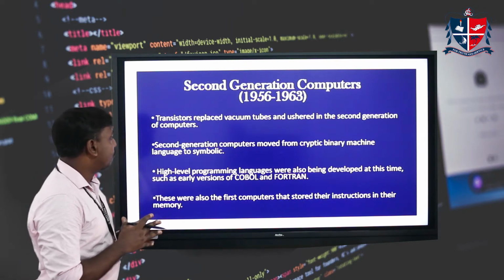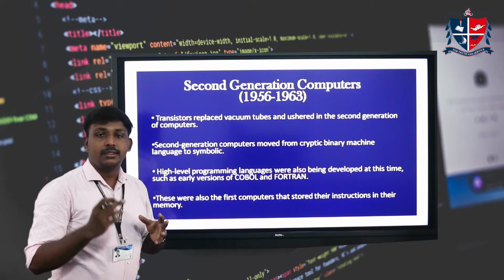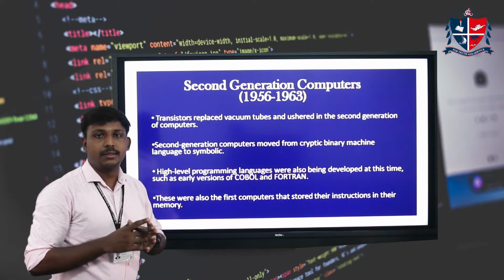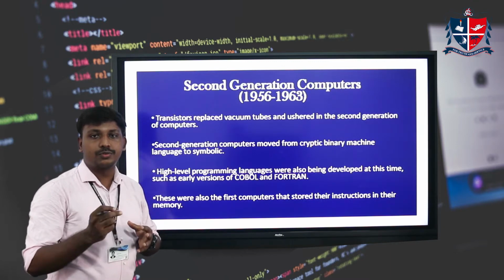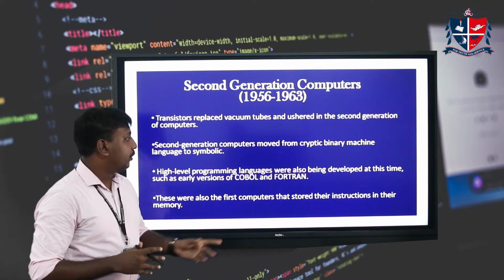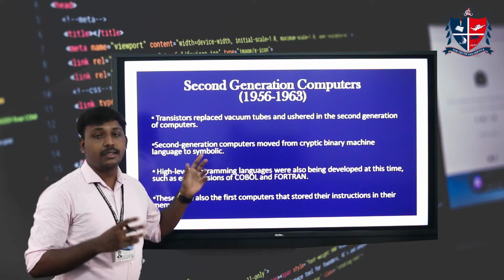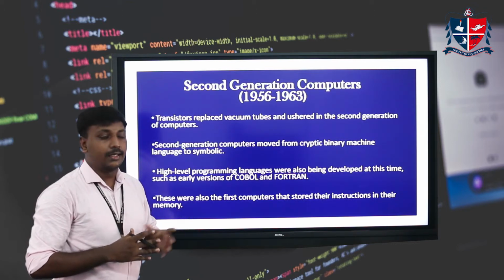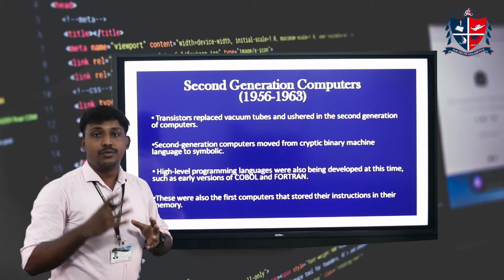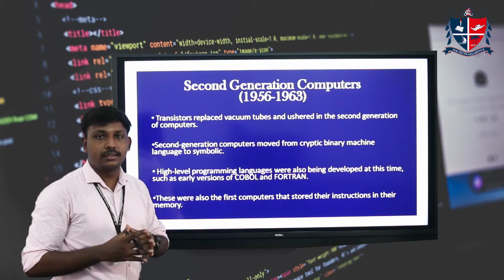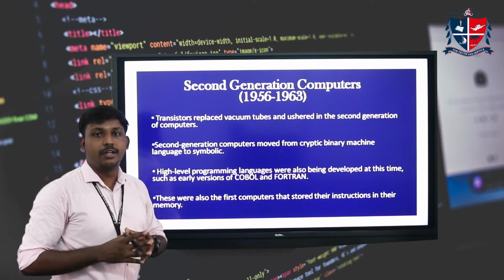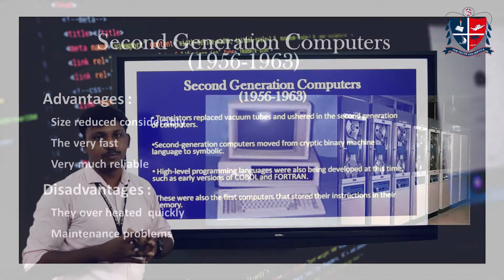The major advantage of using transistors was that they use little electricity but can give more performance than vacuum tubes. Maintenance cost was comparatively less. And we used binary machine language in this series. High-level languages such as COBOL, Fortran, etc., their earlier versions were developed at this stage, the second generation computer.